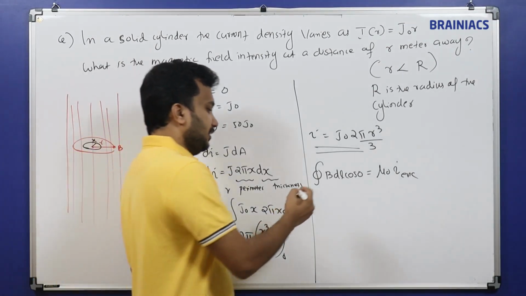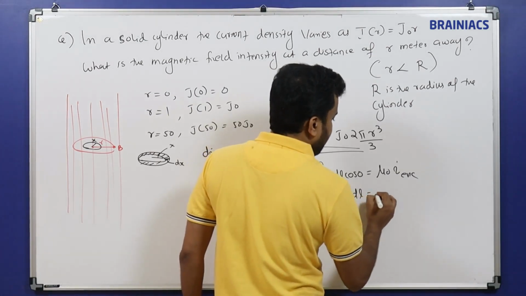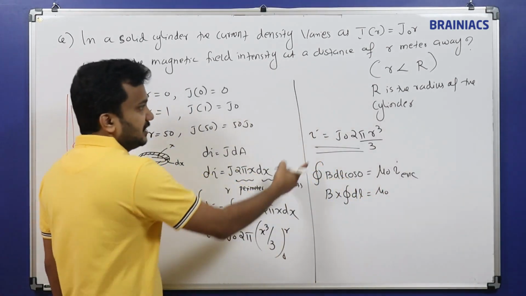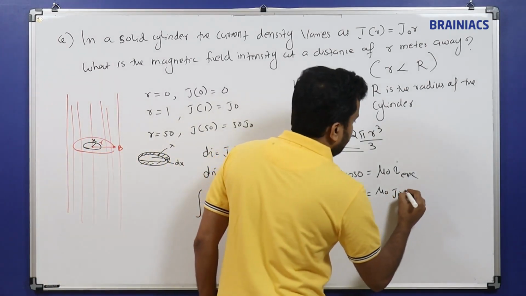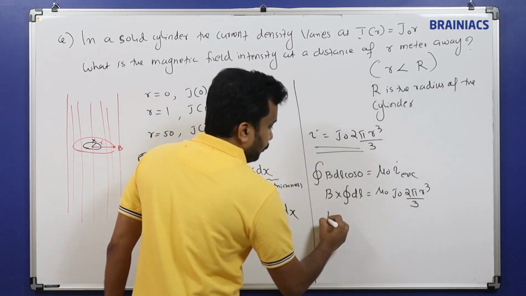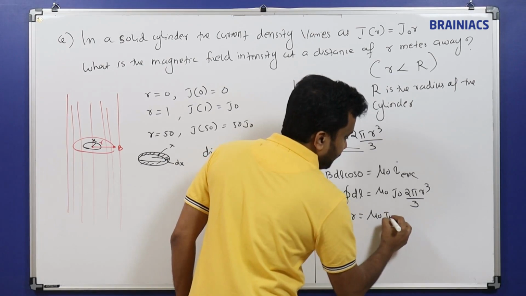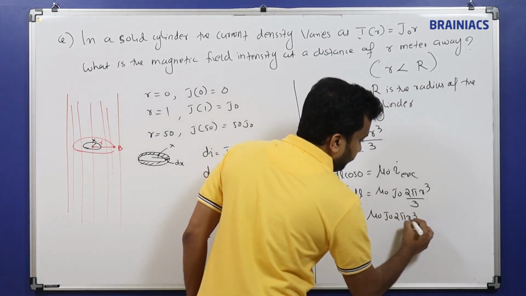Now I got the current. So B into closed integral dl will be equal to mu 0 times the current. What is the current? Current is equal to J naught 2 pi r cube by 3. So B into 2 pi r equals mu 0 J naught 2 pi r cube by 3.